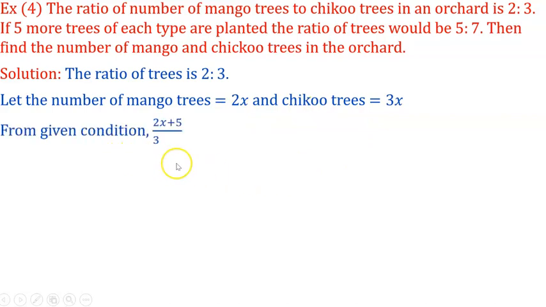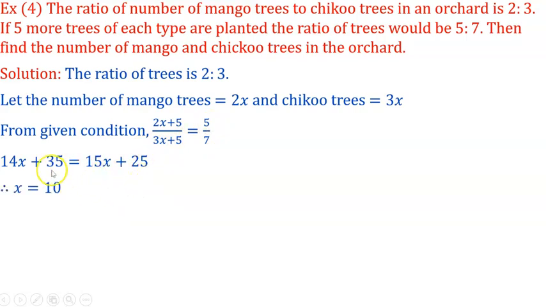From given condition, 2x plus 5 upon 3x plus 5 is equal to 5/7. Then after cross multiplication, 7 into 2x plus 5, you will get 14x plus 35. Next 5 into in bracket 3x plus 5, you will get 15x plus 25.